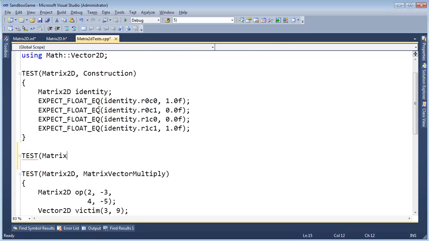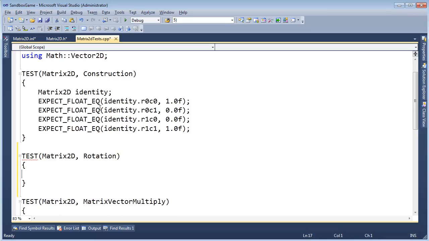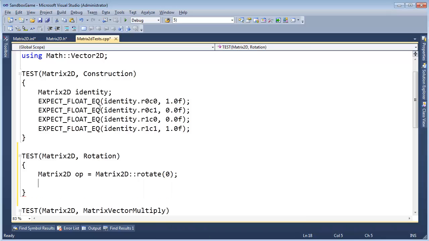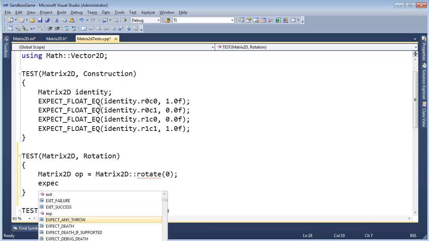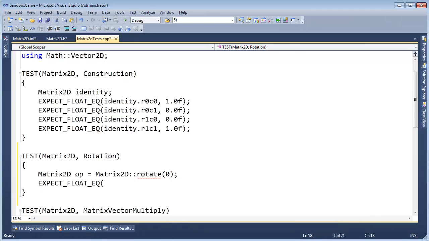This is going to test matrix 2D, and we're going to test rotation. Okay, so matrix 2D op, I would like to say operator, but that's a keyword. So op, the operator matrix, gets matrix 2D rotate, and we'll start out with 0. And then we're going to say expect float equals op dot row 0, column 0.